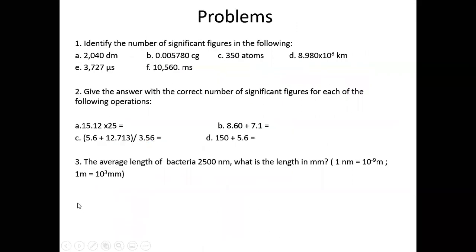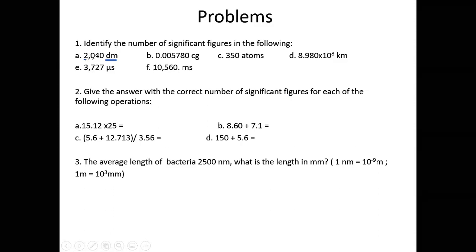So now let's look at some problems to review. So here we have in number 1, we want to identify the number of significant figures in the following numbers. So in the first one, A, we have the unit decimeter, which is something that is measured, and we have 2,040 decimeters.